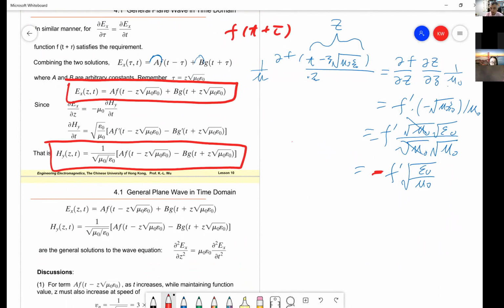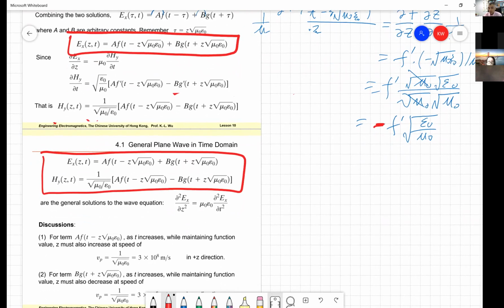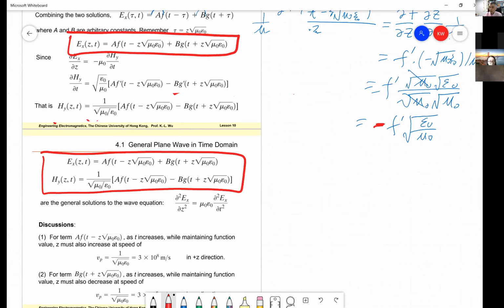I repeat here, right? So that is a solution of the wave equation.